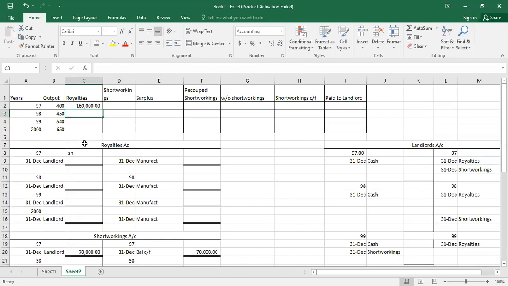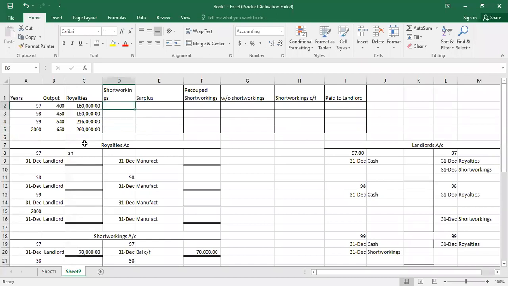The second one, 450 by 400, it's 180. 540 times 4, that should be 216. Then 650 gives 260. Confirm. Is it? Yeah.